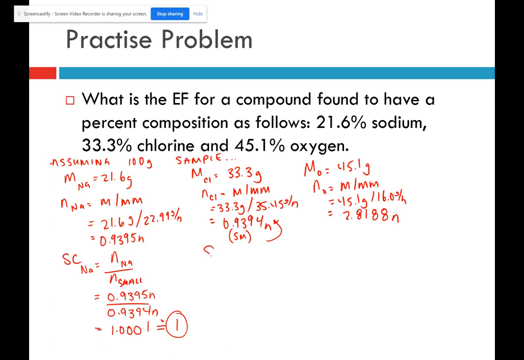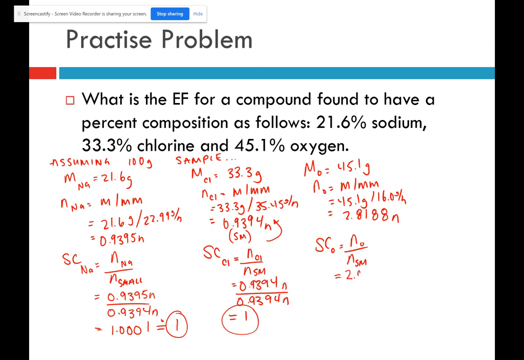If we look at our subscript for chlorine, we're going to take our moles of chlorine and divide it by the moles of whatever is the smallest. So it's going to be 0.9394 moles divided by 0.9394 moles, which is going to give me exactly 1, obviously, because they're the same number. And then our subscript of oxygen is going to be our moles of oxygen divided by the moles of whatever is the smallest number.